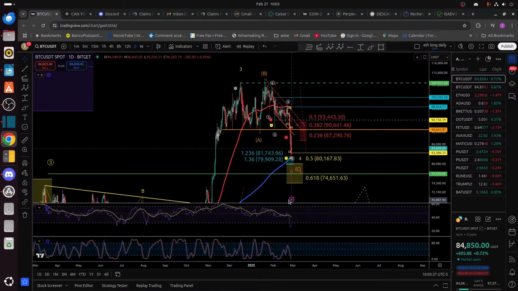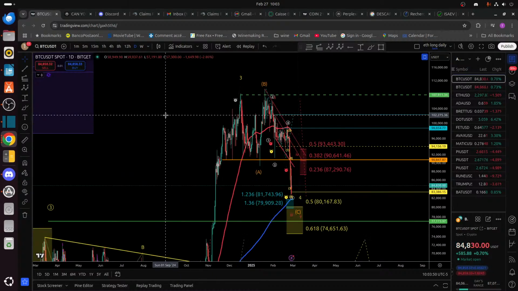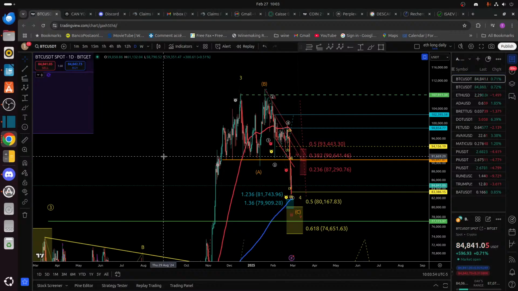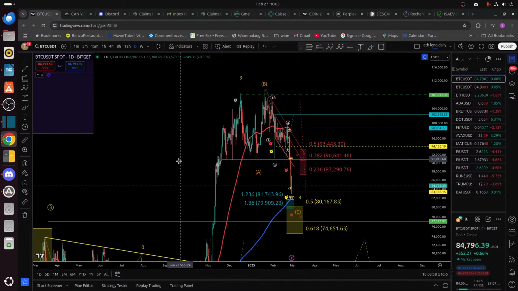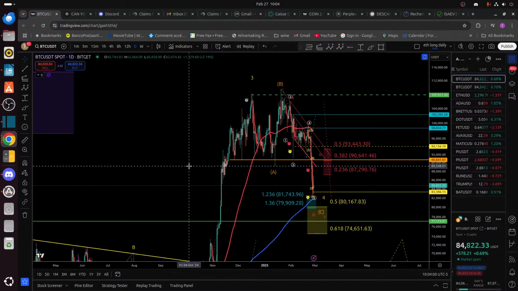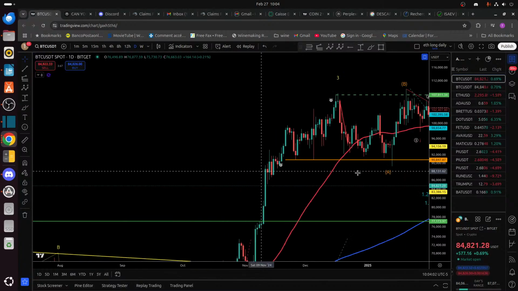Historically, I don't want to say all the time, but most of the time it has been a nice entry point. Is it going to continue? Who knows? For sure I'm not telling you. This is not financial advice. I just checked back in the chart, and it was a nice sweet spot to get in when the RSI on the daily was oversold.